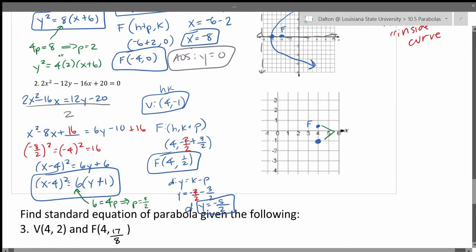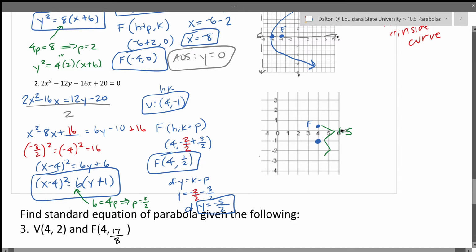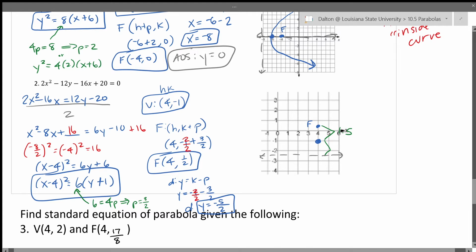So if you say, ooh, this is about 1.5 away, then you go 1.5 away here to figure out where your directrix line should be. So you can even find the directrix line without having to do the algebra if you just use your logic of what it would be like on the graph itself. So that's 1.5 away as well.